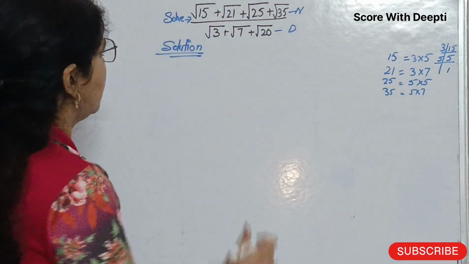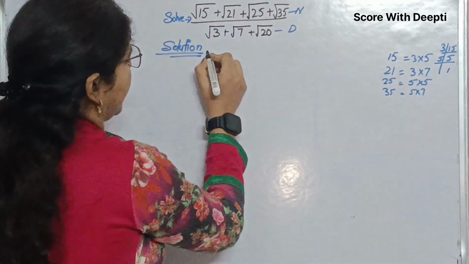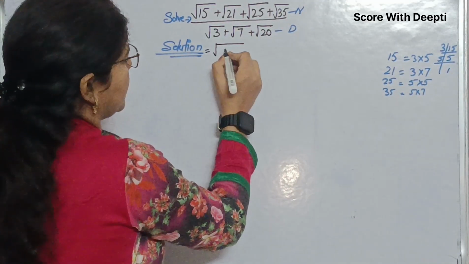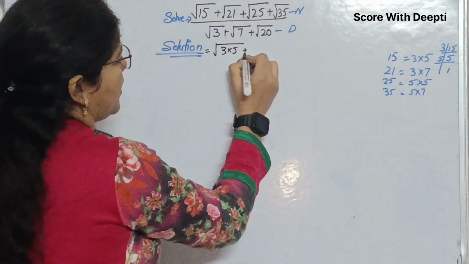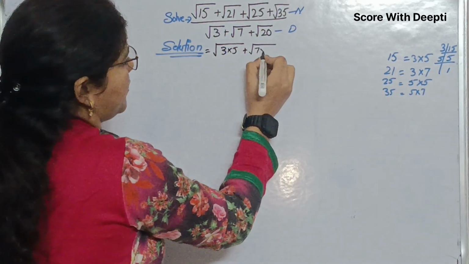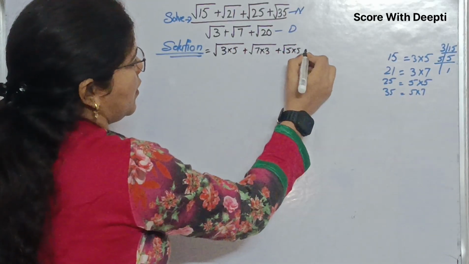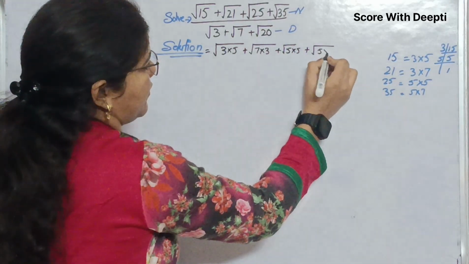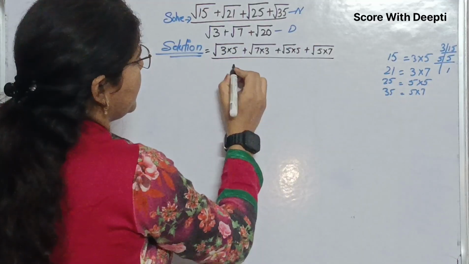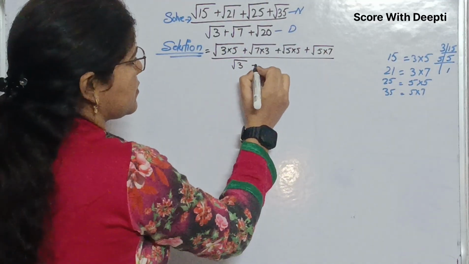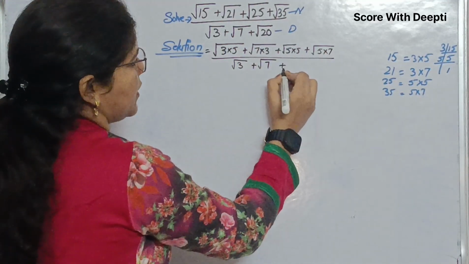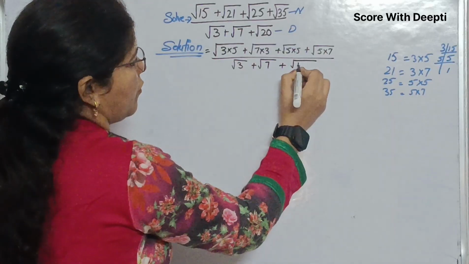Next we put these values here and we get square root of 3 multiply 5 plus square root of 7 multiply 3 plus 5 into 5 plus 5 into 7. In the denominator, same: square root 3 as it is, square root 7 plus square root 20, equal to 4 times 5.